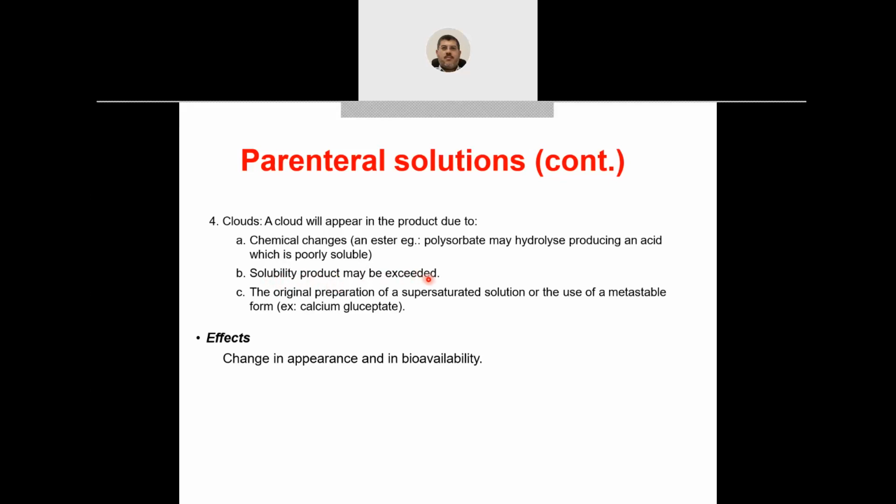The solubility product may be exceeded, and there may be some precipitation. Also, the original preparation of a supersaturated solution, or the use of a metastable form like calcium gluconate. Supersaturated solutions tend, with time, to have the extra dissolved amount start to precipitate. So the result will be a change in appearance, and it may also affect the bioavailability of the drug.